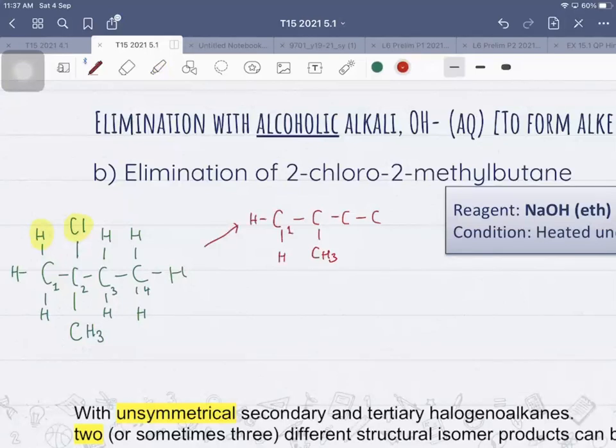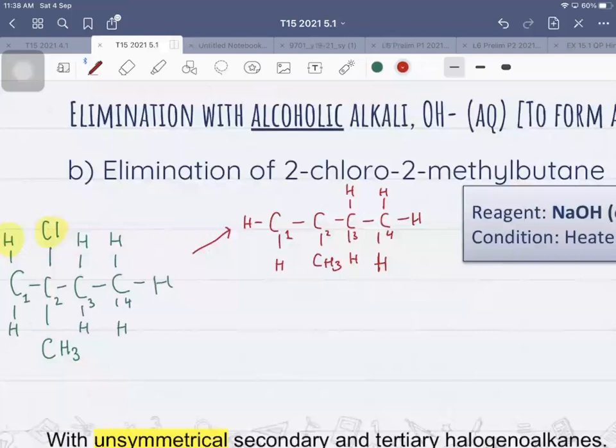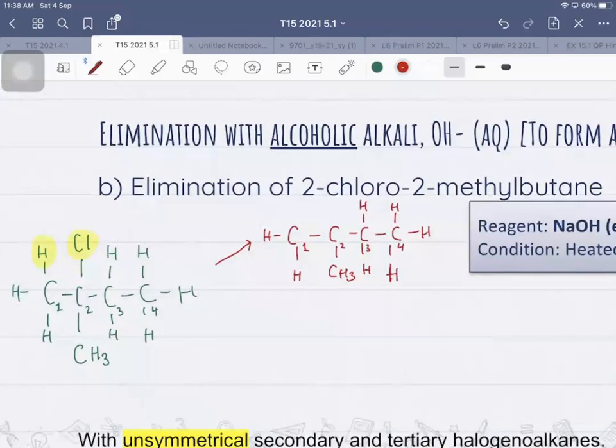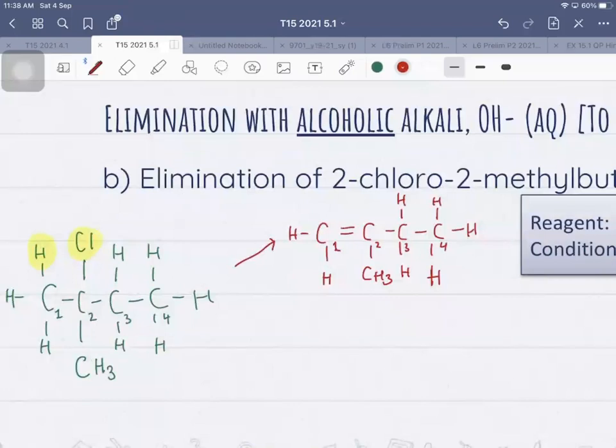So that's 1, 2, 3, 4. Carbon number 3 and carbon number 4 are not affected. So I just continue to draw the hydrogen as it is. So you notice that I've lost 1 bond from carbon 1 and 1 bond from carbon 2. That means my double bond has to be between carbon 1 and carbon 2.